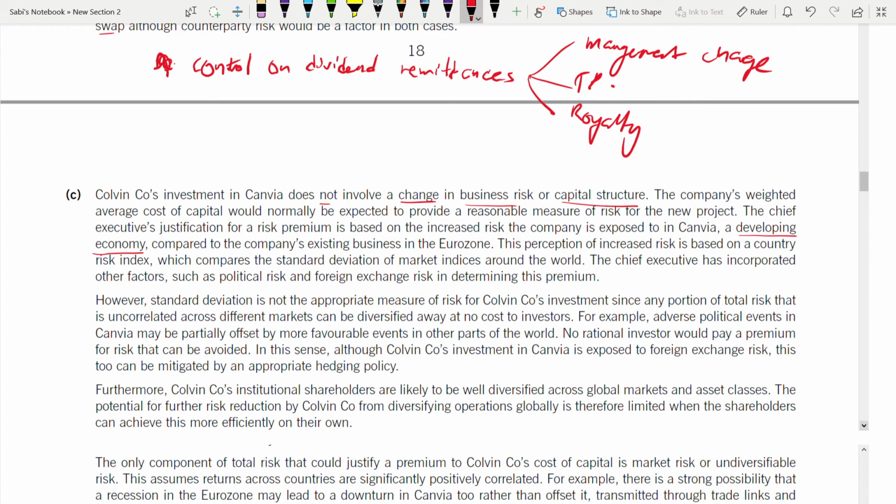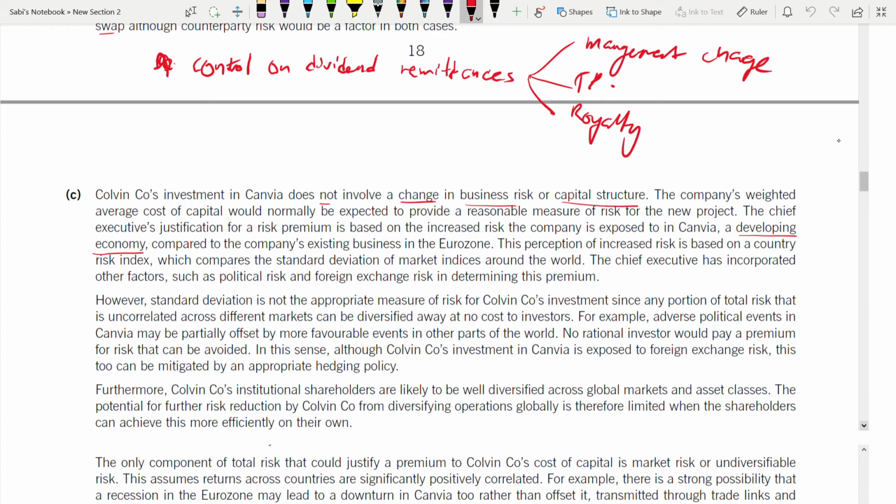So this perception of increased risk is based on a country risk index. You have to justify. Whenever you have authoritative sources, please put them in your answer. It's a must because you are justifying something. This is like a case going on. When you're fighting a case in court, you bring out all the justifications, wherever you have authoritative evidence. What is the authoritative evidence?